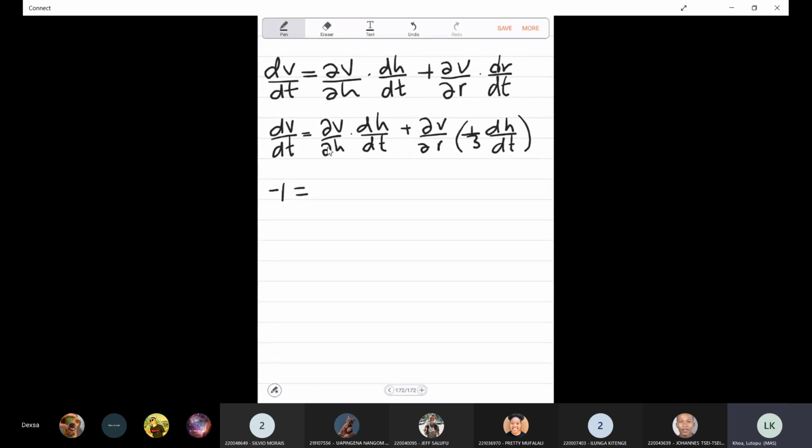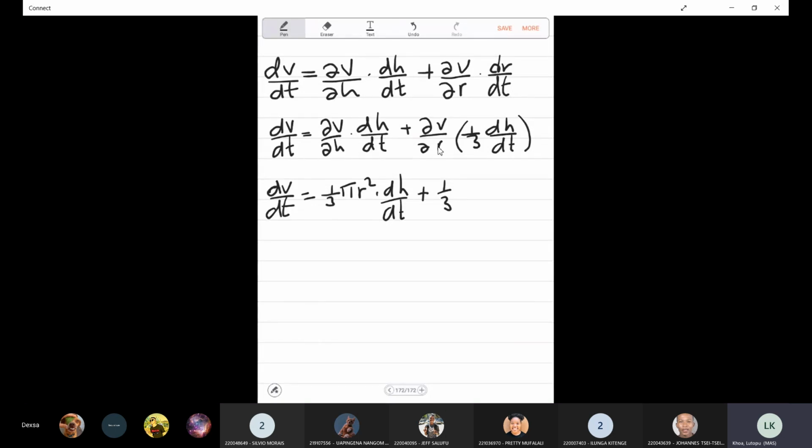Then, okay, maybe let me work out everything and then substitute at once. This is just dV/dt, and then dV/dh, I differentiate the formula for the volume with respect to h. So I have 1/3 pi r squared, and then times dh/dt, and then the 1/3 will come out here, and I multiply by dV/dr.